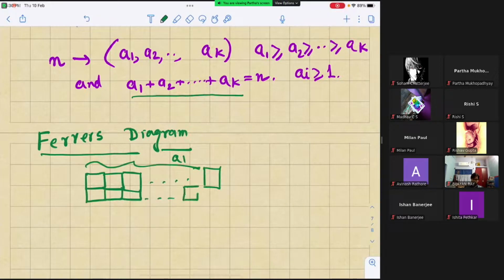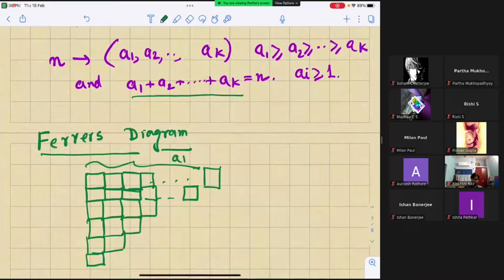Maybe it will end here, maybe it is equal to a1 also, but it will never cross a1. So this is like a2, and then a3, and so on. So a typical Ferrers diagram will look like this. That means this is a1 blocks, a2 blocks, ak blocks.